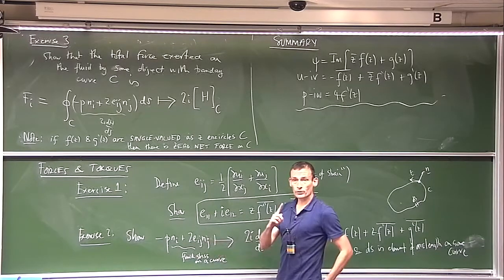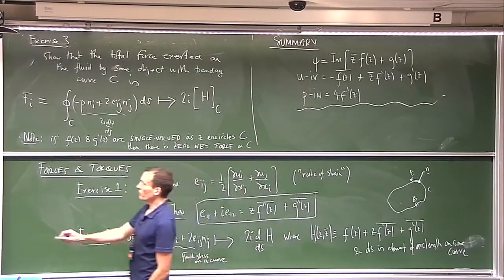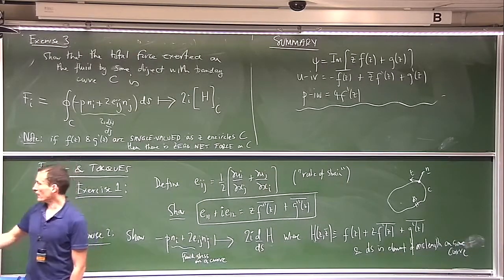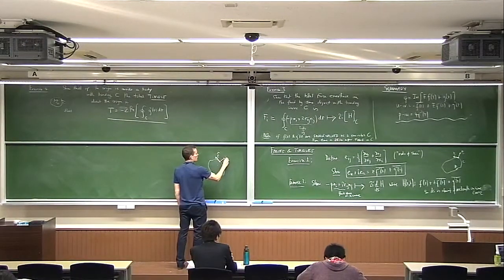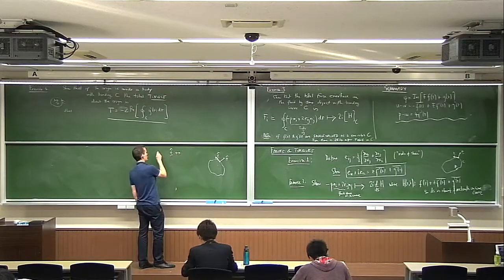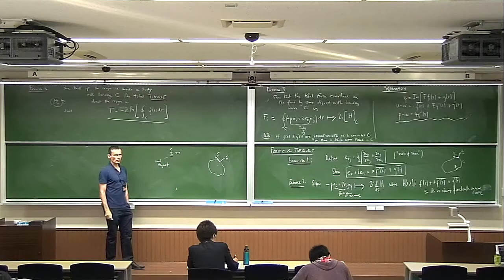Let's just check you do know that. So look, here's a curve. Suppose that's the unit tangent vector, and this is the unit normal vector. What's the complex form of the unit tangent on the curve?